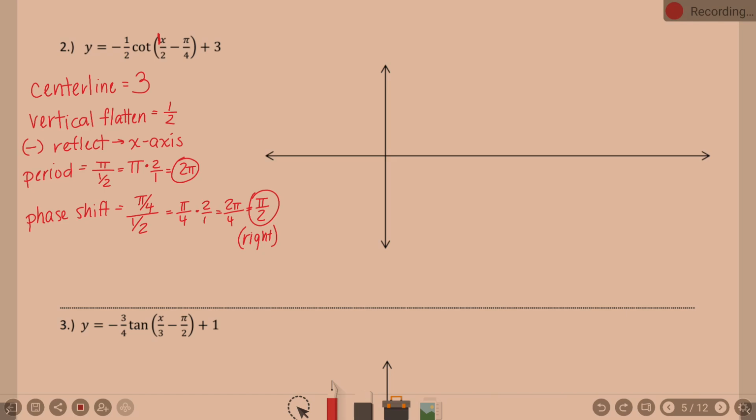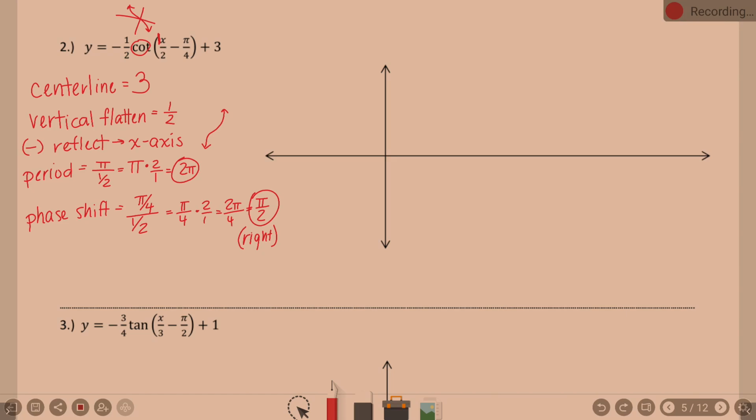Before we go too far, cotangent curve. A couple of things. What does a cotangent curve look like? Officially, it is a decreasing curve, yes? So that's what a normal cotangent curve should be. But what's the catch? We're reflecting. So instead of doing that, it's going to look like a tangent curve.